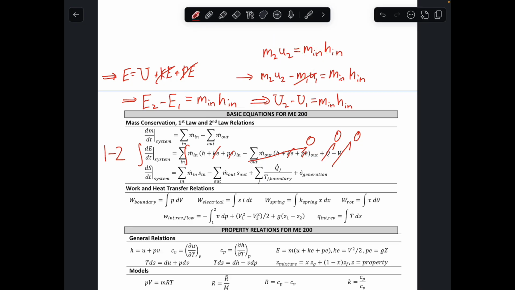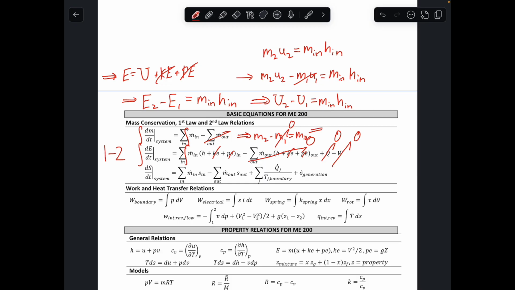And you can see that really quickly just by simplifying our conservation of mass equation down here. If you want, we can cross off this term. And if we integrate these terms here, this just becomes m2 minus m1 is equal to m in. But again, our m1 term goes to 0.